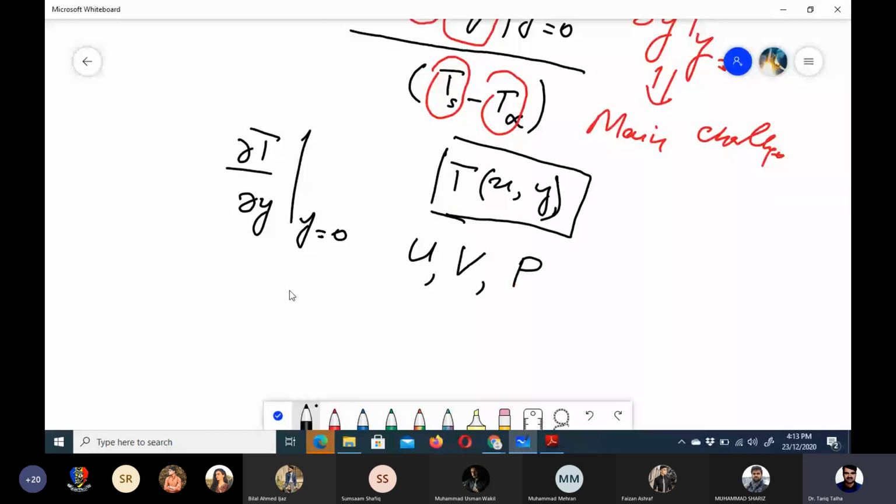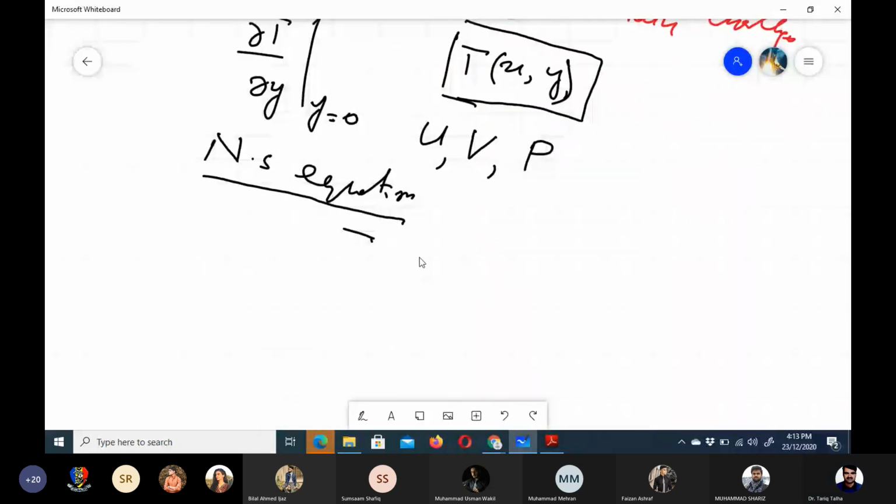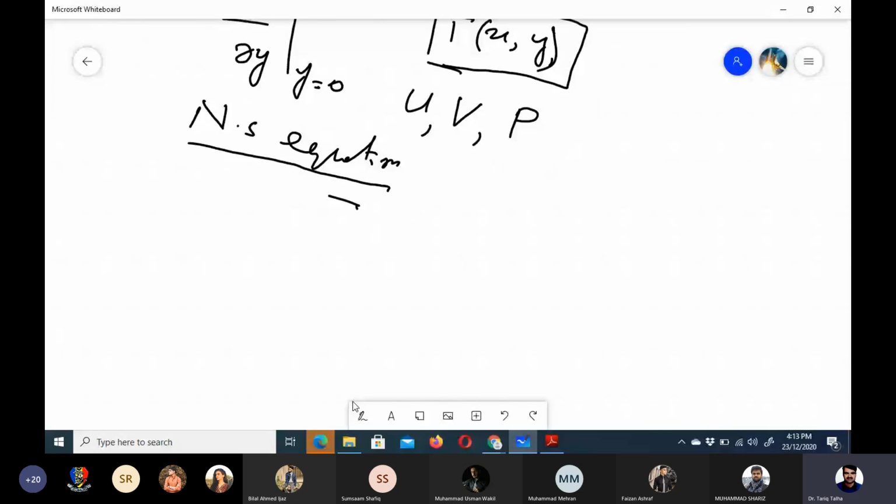Because first of all, if you know the Navier-Stokes equations, what are they? Basically, in 2D, they are a combination of equations.